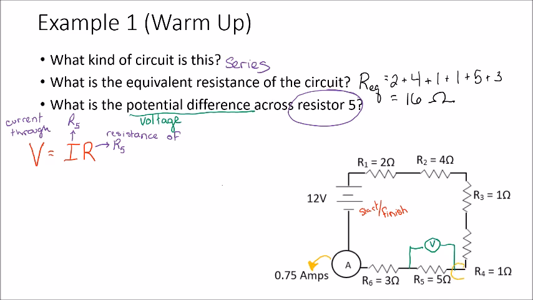If we put an ammeter next to resistor 5, would it tell us the same number? Would it tell us that there's the same amount of current at that part of the circuit, or would there be a different current at that part of the circuit?